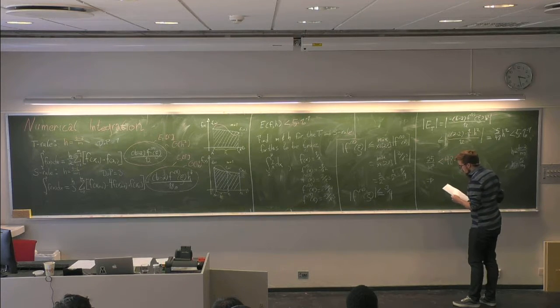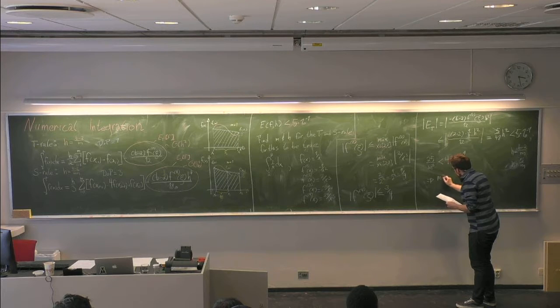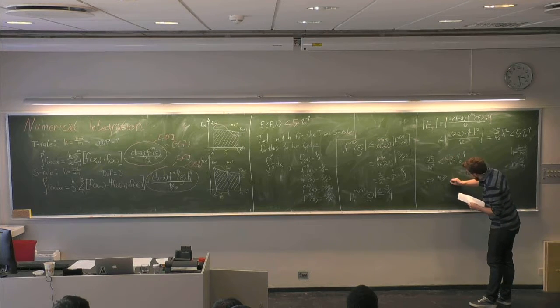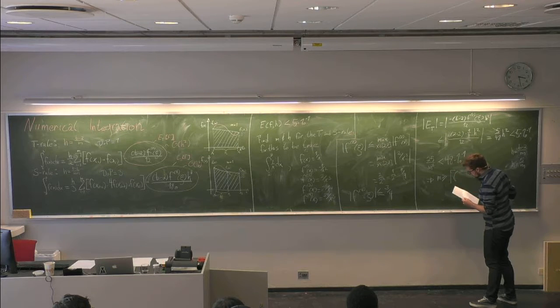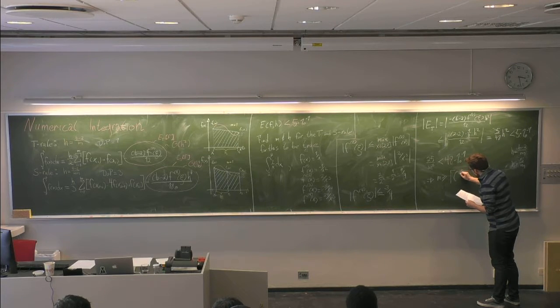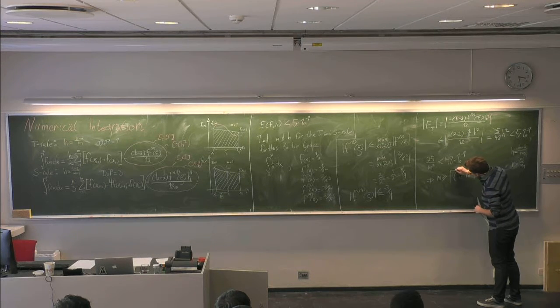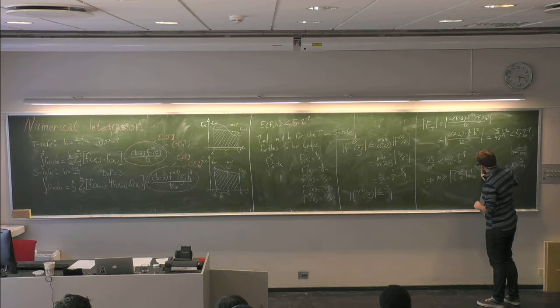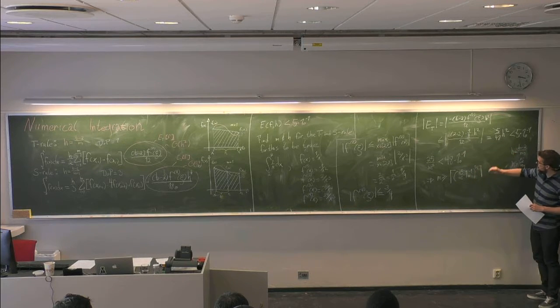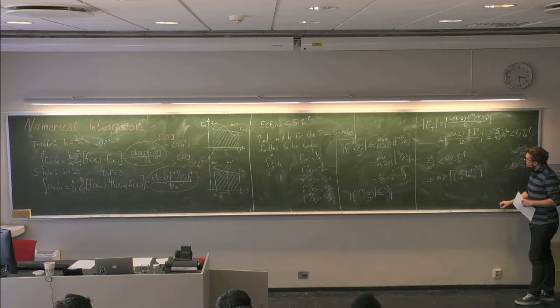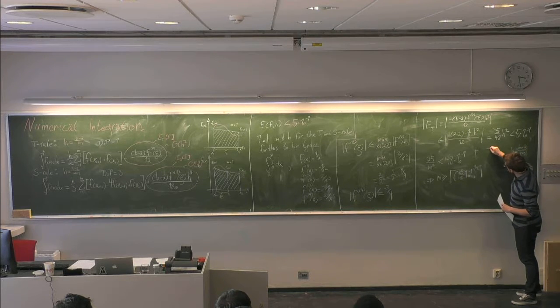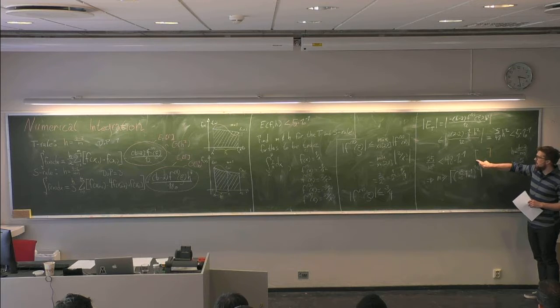Which means that m has to be bigger than or equal to the square root of 25 over 48 times 10 to the power of 9. This is kind of an unorthodox notation, but you can use it. It basically means round up.